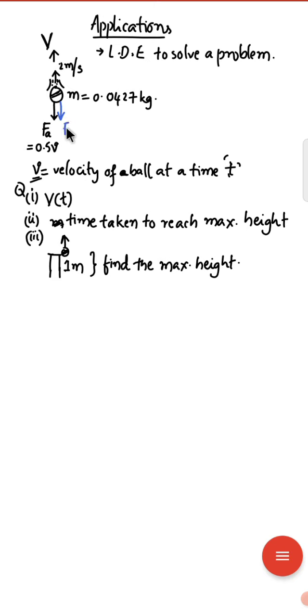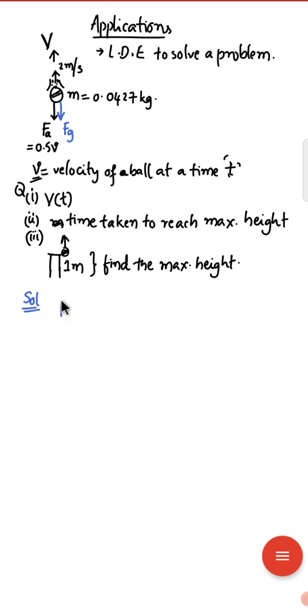Force due to the gravity is also acting downward. So the solution will be like this.